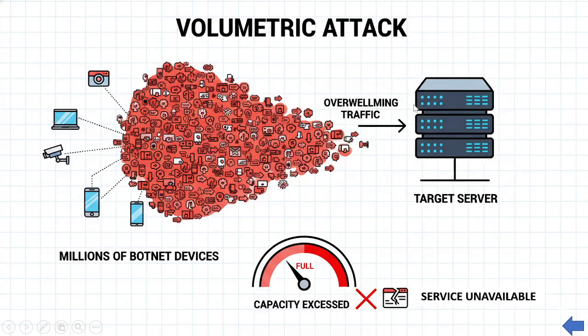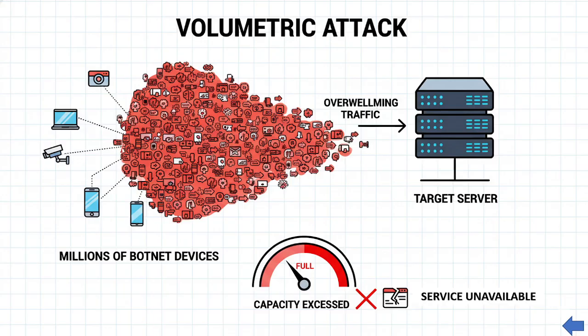This is like trying to force an ocean through a drinking straw. The result is clear. The server's capacity is exceeded, the meter goes full, leading to service unavailable. The sheer volume of junk data overwhelms the target network bandwidth, preventing legitimate users from accessing the service.